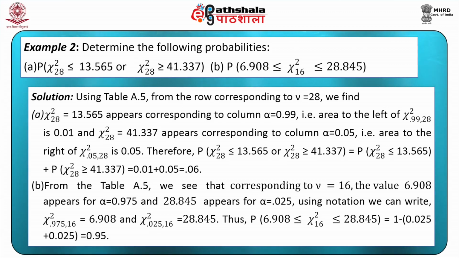Again, using table A.5, from the row corresponding to degrees of freedom 28, we find that chi-square 28 is equal to 13.565 for alpha equal to 0.99, and the area to the left of chi-square 0.99, 28 comes out to be 0.01.